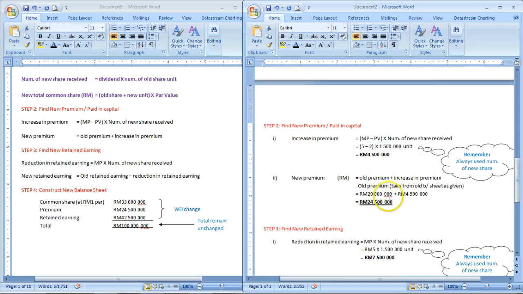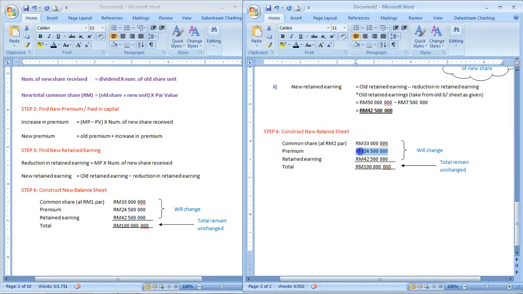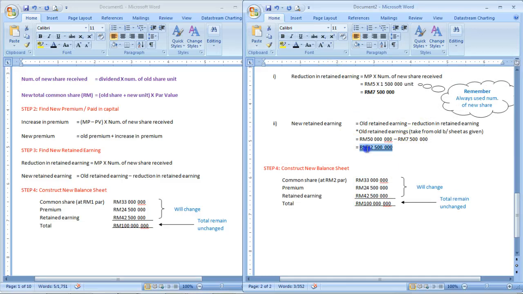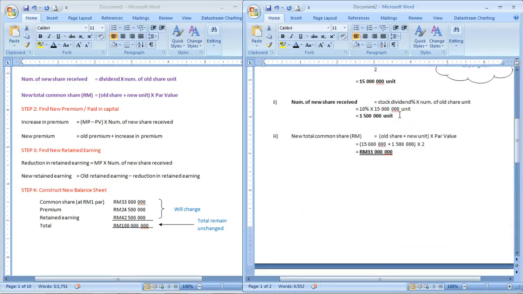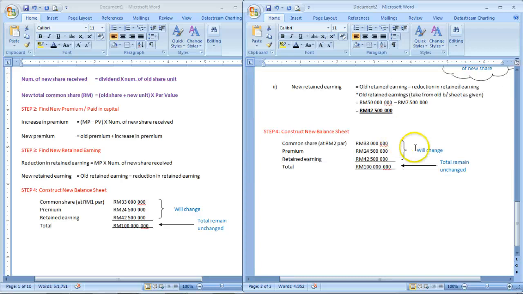Second one, new premium. The new premium in RM is 24,500,000. And your new retained earnings is 42,500,000. So you will realize that your common share and your premium increase, but your RE will reduce. The new common share will change, but when you total up, make sure your total remains unchanged.